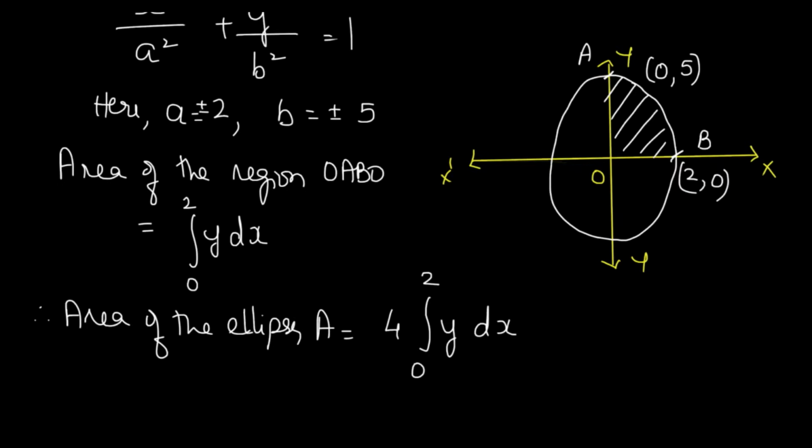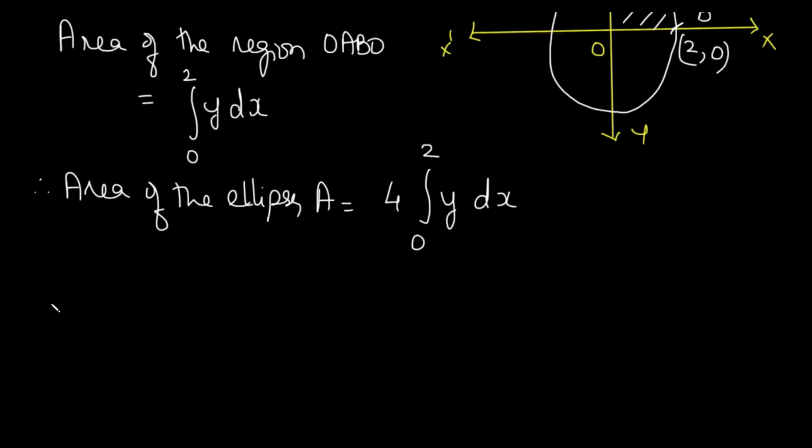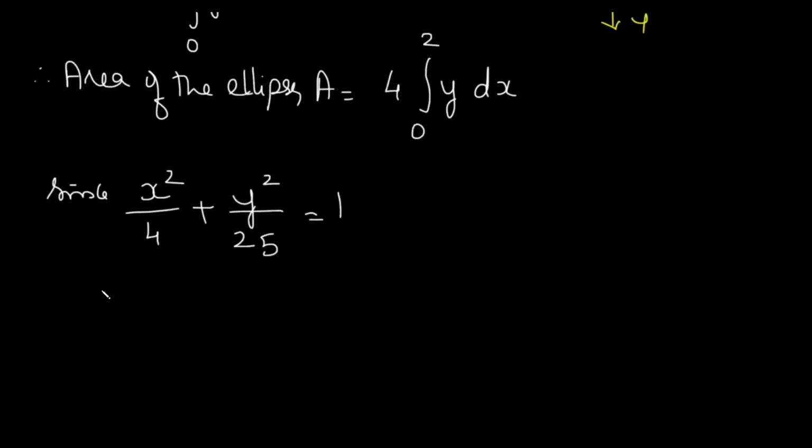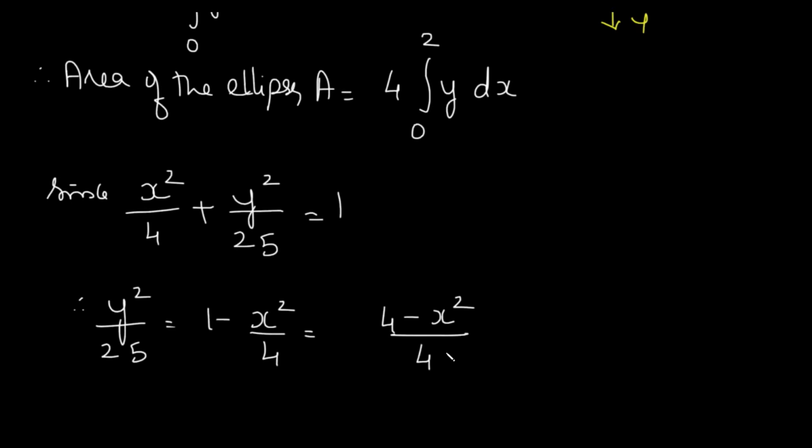Now, to find out y, we take this equation into consideration: x square upon 4 plus y square upon 25 is equal to 1. From this equation we have y square upon 25 is equal to 1 minus x square upon 4. Upon cross multiplying we get (4 minus x square) the whole upon 4.